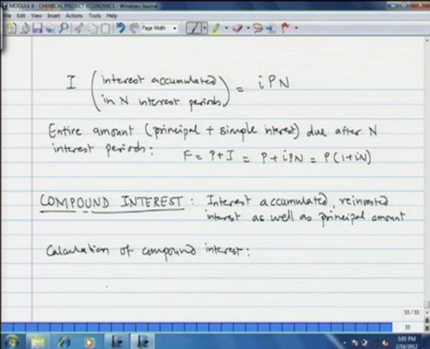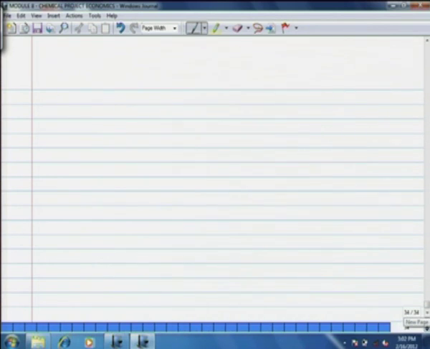Let us say principal at time equal to 0 is capital P, the interest rate is I, then we can make a table for calculation.